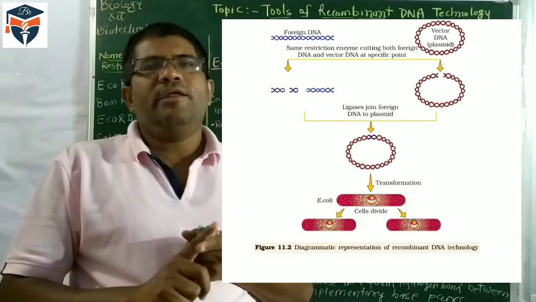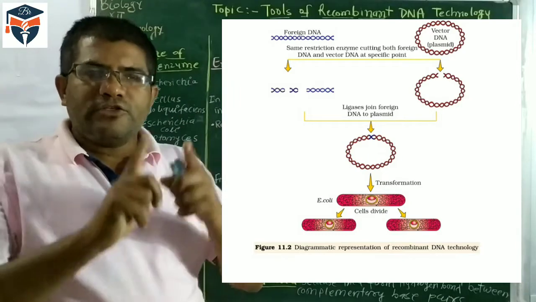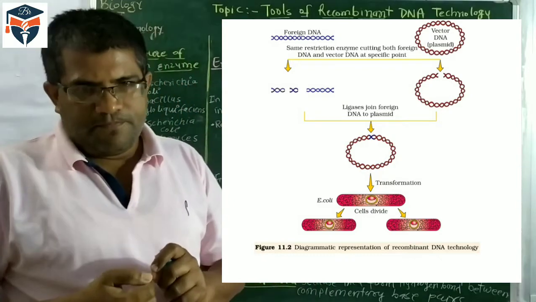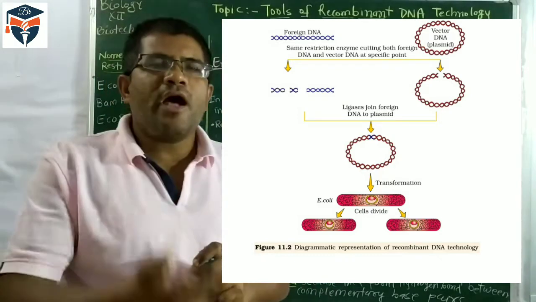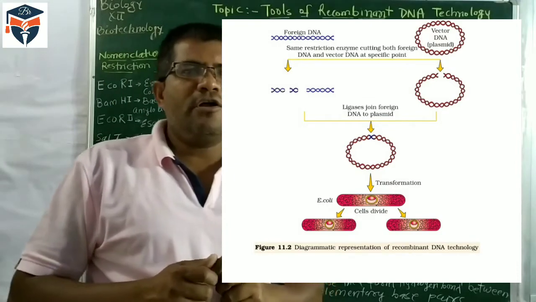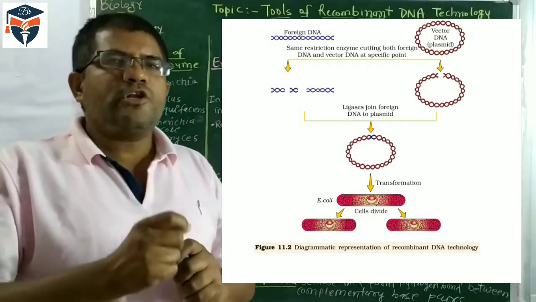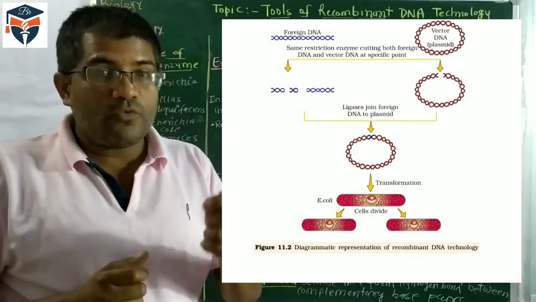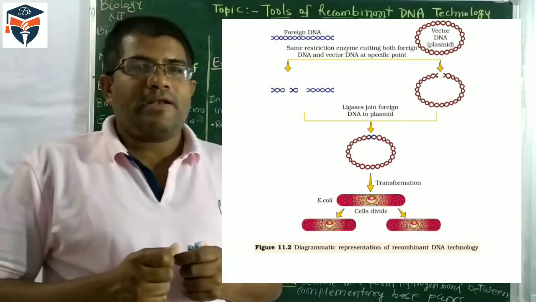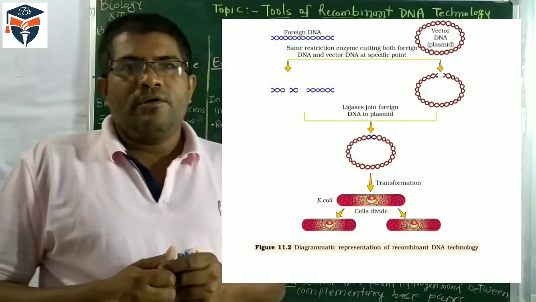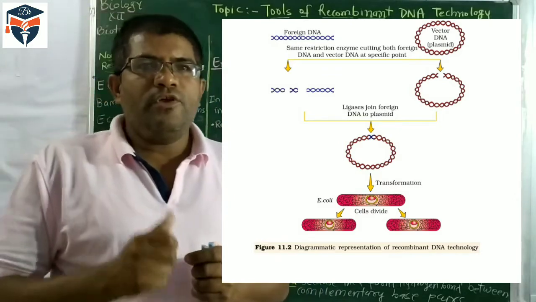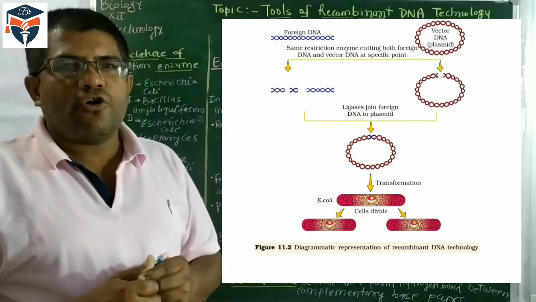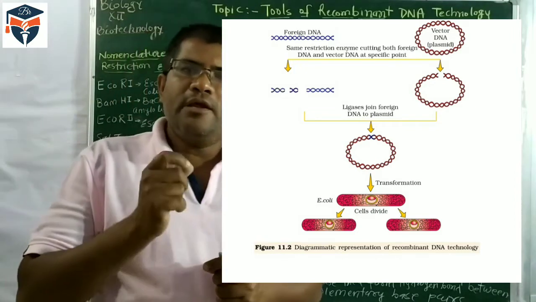Then this DNA piece is inserted into the other organism, and this process is called transformation. Through this transformation, the foreign DNA is introduced into the bacteria, and that bacteria will produce many desired products, and this type of process is called recombinant DNA technology.